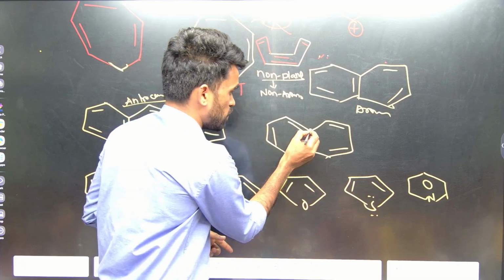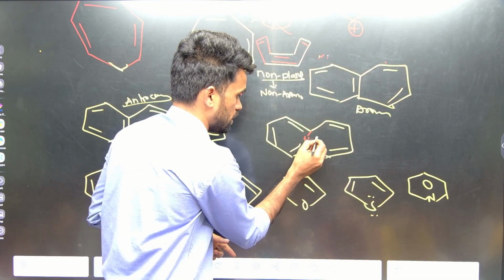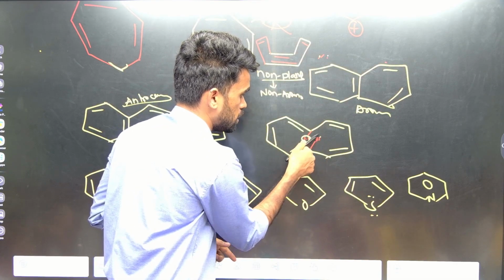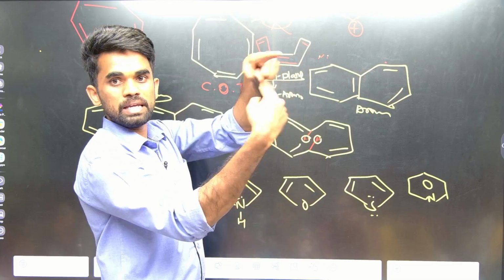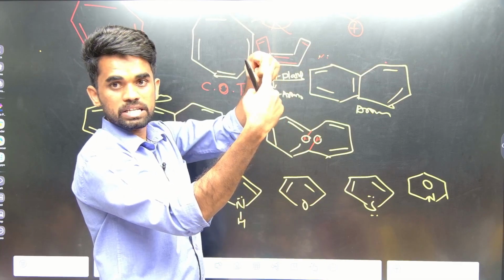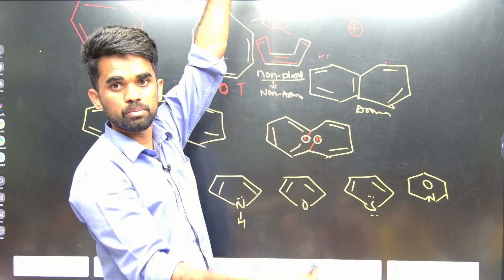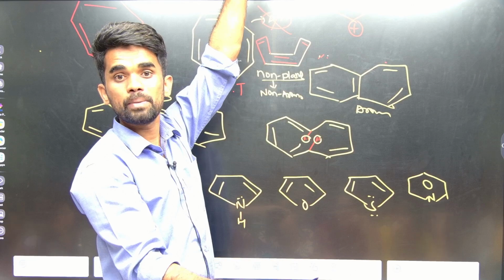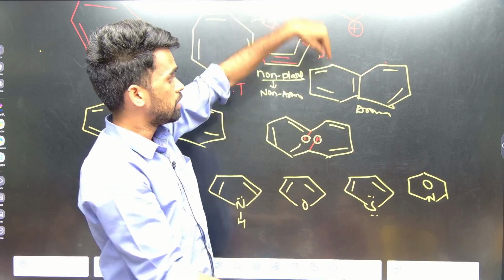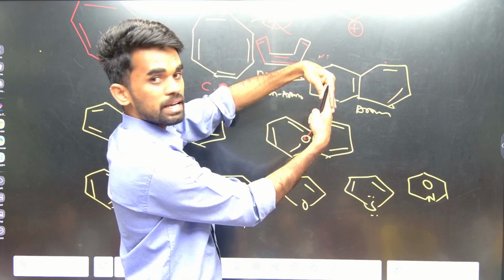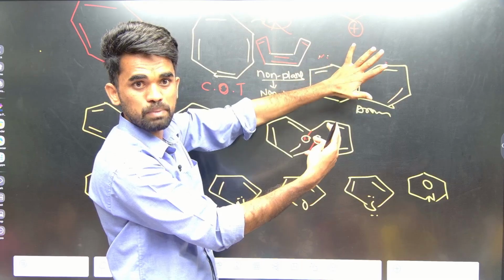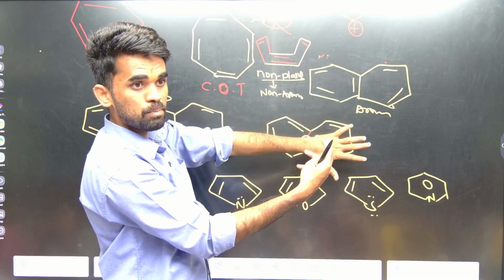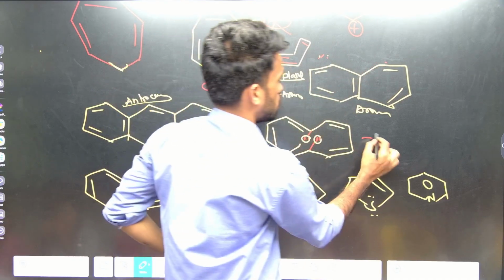It means there is one hydrogen over here and one more over here. So between these two hydrogens, interactions will be there. Due to those interactions, one will go up, one will come down. So the compound becomes non-planar. Here they are connected like this, meaning the overall molecule is planar. This one is non-planar. If non-planar, then non-aromatic.